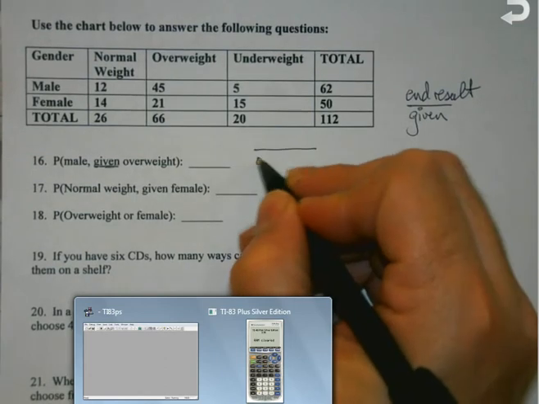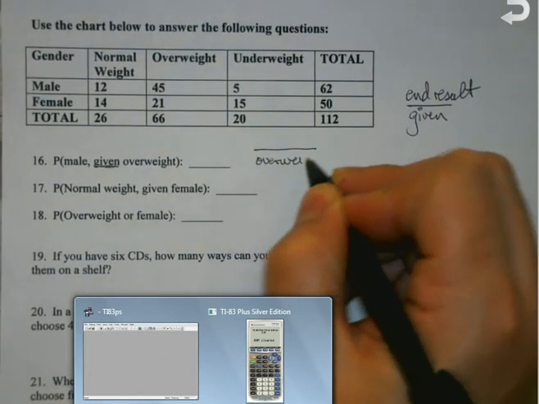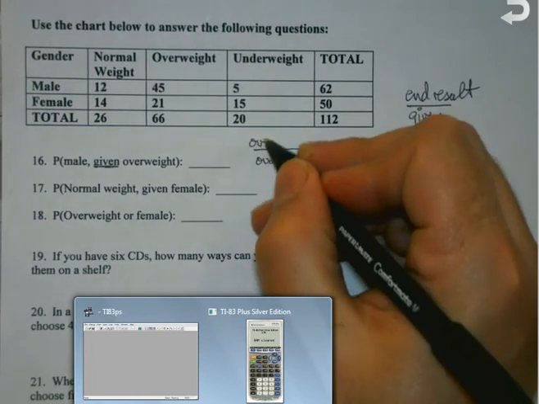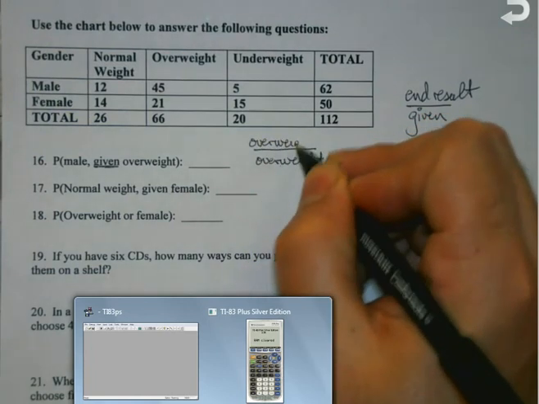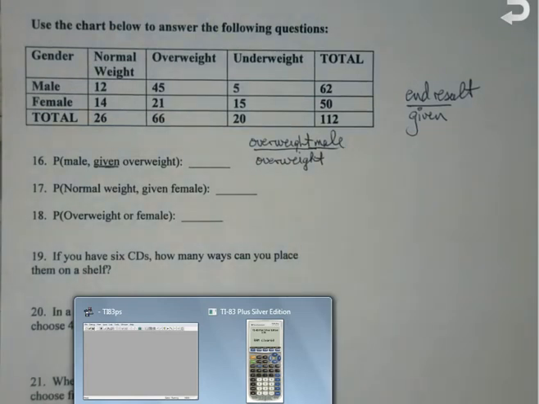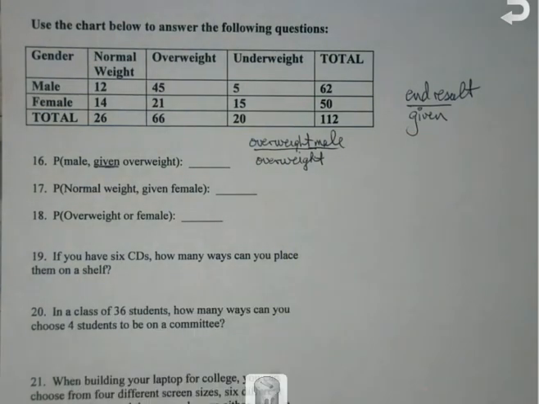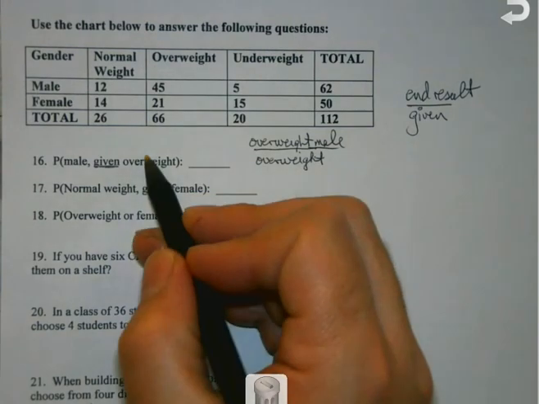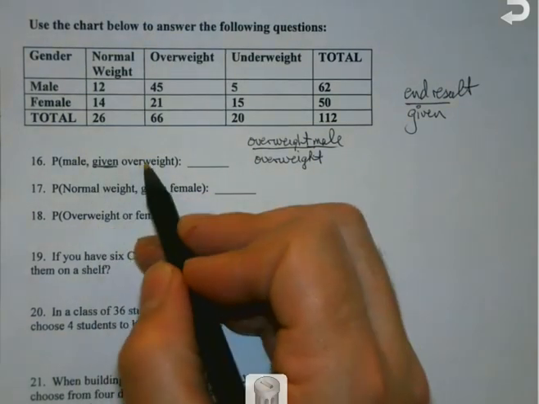So overweight goes on the bottom, and an overweight male is what goes on top, because again, it's about these two things going together. My end result takes both of these into consideration, the overweight and the male part.